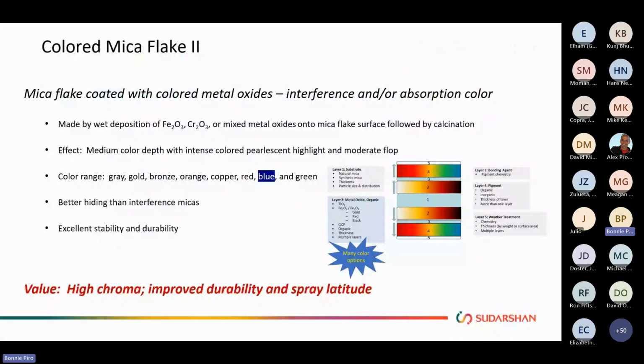The other type is more the multiple metal oxide coatings. These tend to be more the absorption color spaces because they have a combination of two different layers of metal oxide to create the space. The little graphic over to the right hand side gives you a feel for how you can create these types of colors, and it all goes into what you choose in the layering process.